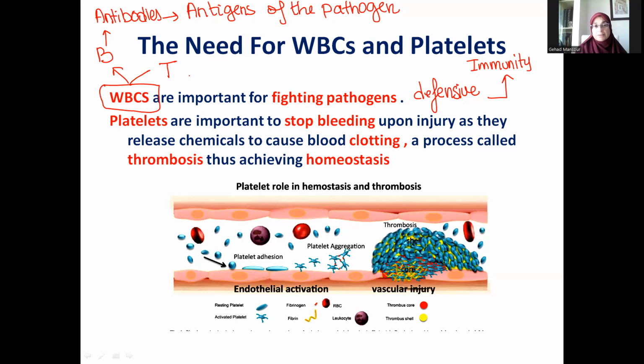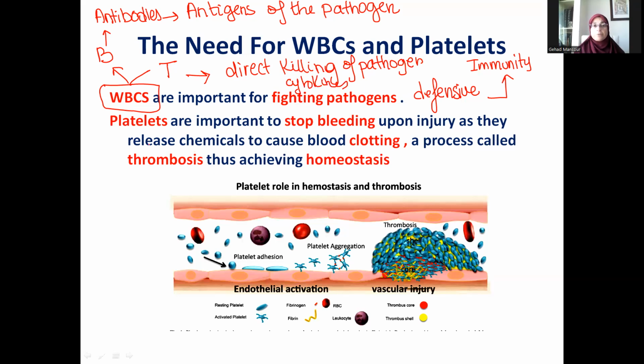But the T cells are mainly concerned with direct killing of the pathogen without production of antibodies, but by production of chemicals. So direct killing of the pathogen by secreting chemicals that are called the cytokines.